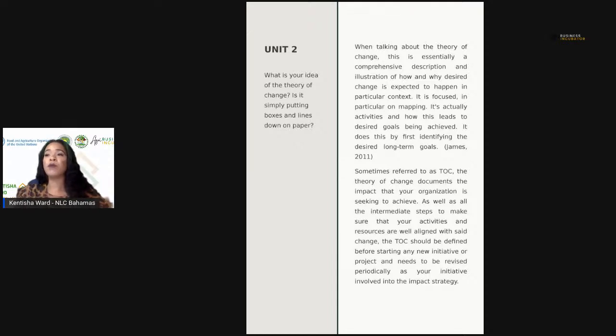The theory of change should be defined before starting any new initiative or project and needs to be revised periodically, because as time goes on, your business grows or you may refocus. So the theory of change should always be revised, just like a business plan. Your business plan will continue to grow after you build it. You may find a new product, a new service, a new partner, a new connection, a new network. Okay, so next slide.